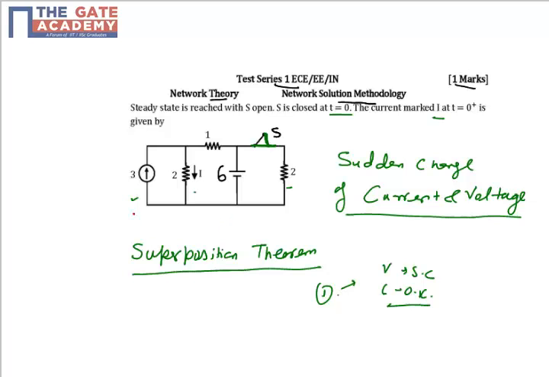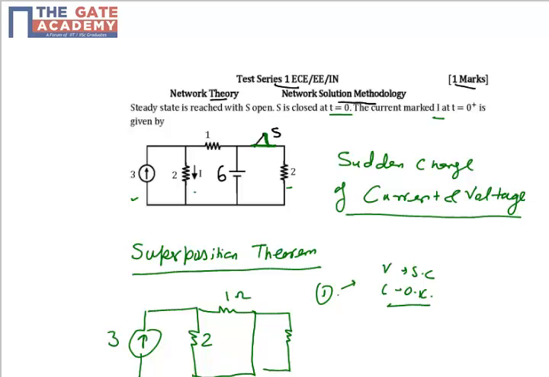Let's consider the current source first. My effective circuit will be a current source of 3 ampere, then a resistor of 2 ohm, then another resistor of 1 ohm, and the voltage source is shorted. Since the voltage source is shorted, the 2 ohm resistor will be shorted.